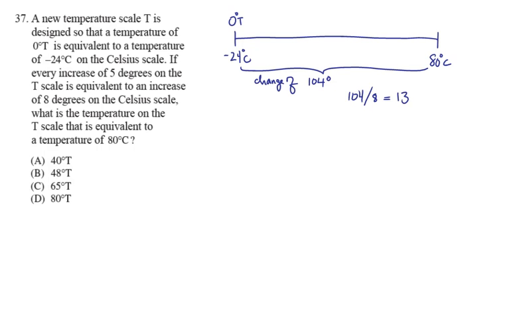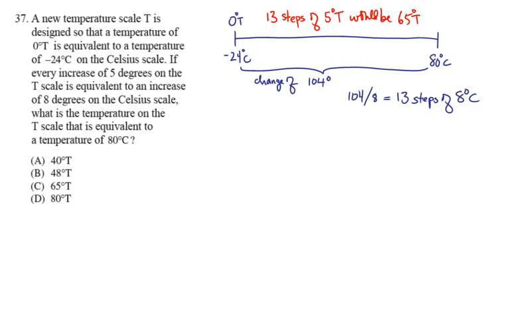And since each change of 8 degrees Celsius is equivalent to a 5 degree change on the T scale, we need to have equivalently 13 changes of 5. And so we need to have 13 steps of 5 degrees T, and 13 times 5 would be 65 degrees.